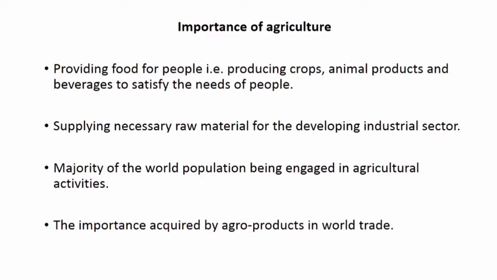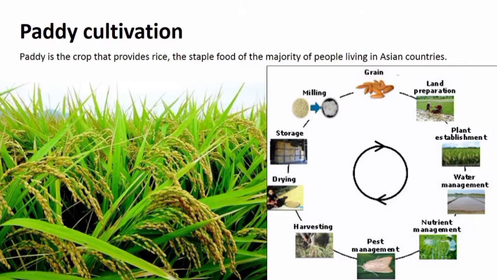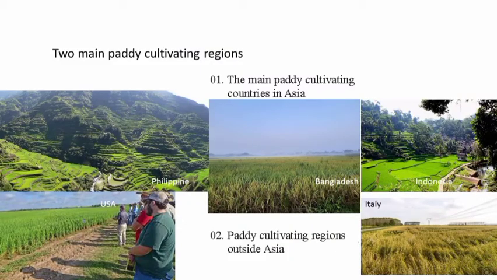Okay, my dear students, now let's study about paddy cultivation in the world. Paddy is the crop that provides rice. The majority of people living in Asian countries consume rice as their staple food. Two main paddy cultivating regions can be identified in the world.